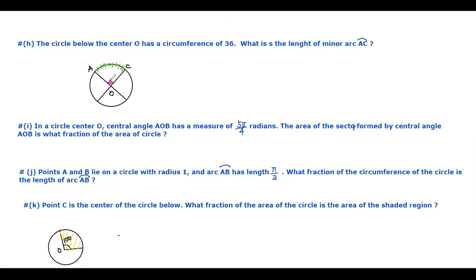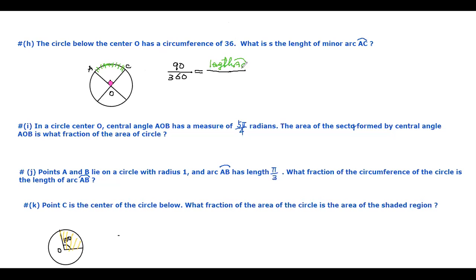Remember we said the angle to the whole thing. This 90 degrees faces this arc, so 90 degrees out of the total 360 degrees will be equal to the length of the arc AC here.